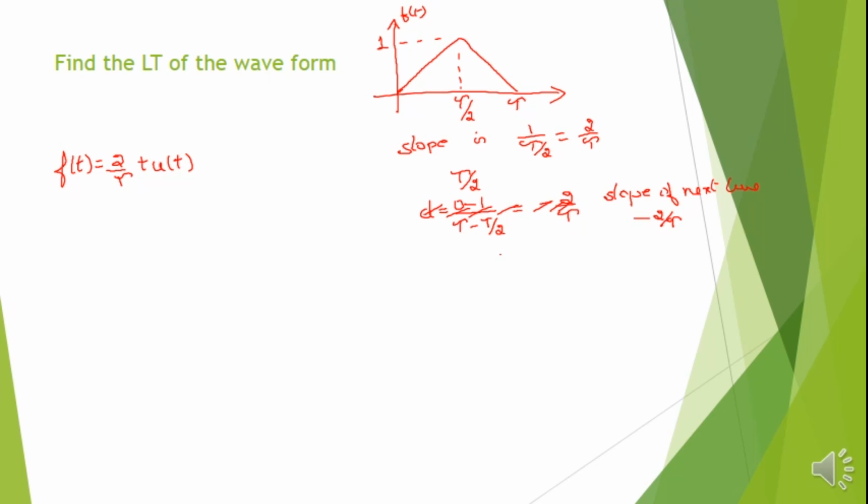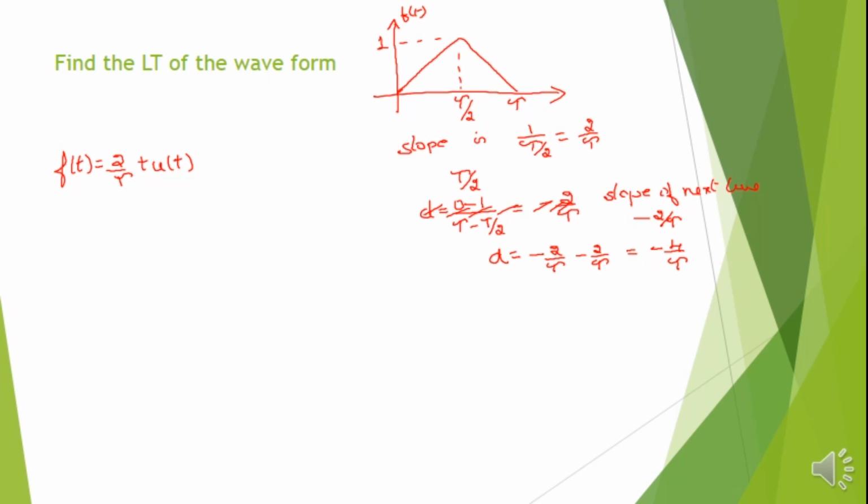So what is d, the change in slope? Minus 2 by tau minus the initial slope 2 by tau. That is equal to minus 2 by tau minus 2 by tau, so minus 4 by tau. Correct? Minus 4 by tau. This is the change in slope at tau by 2.